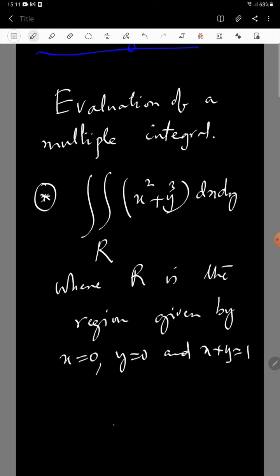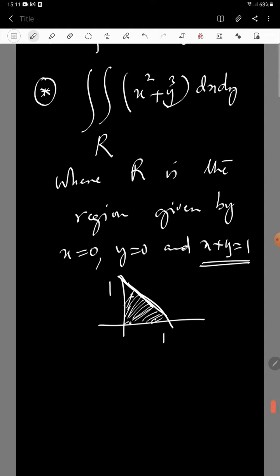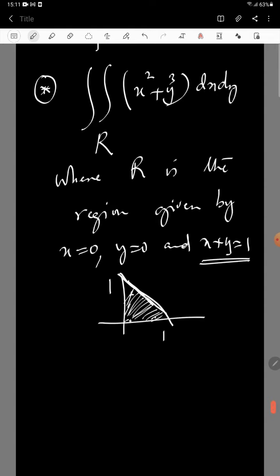That region is bounded by the straight line with x intercept 1 and y intercept 1. So if I take this as 1 and this as 1, this is the straight line and this is the region of integration. How to decide the limits of the region?